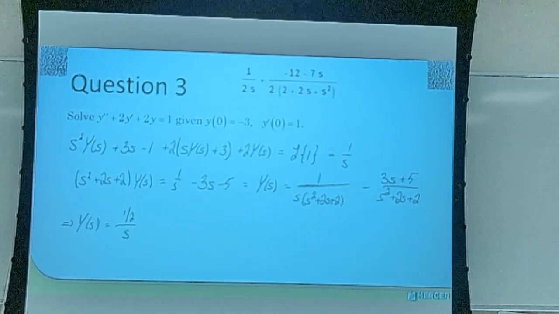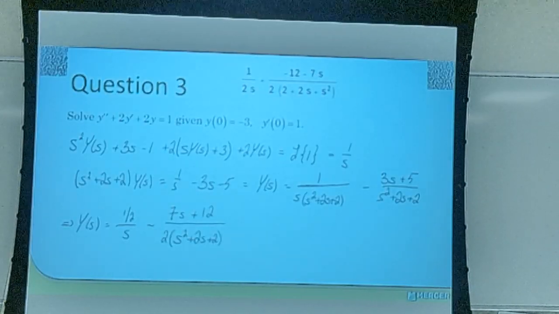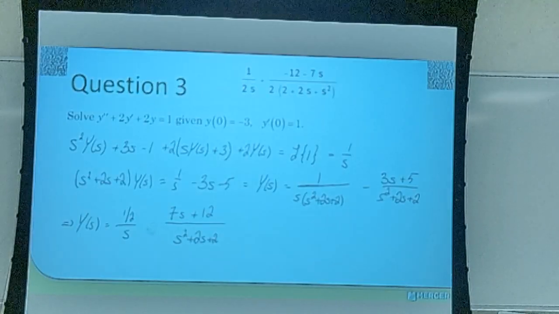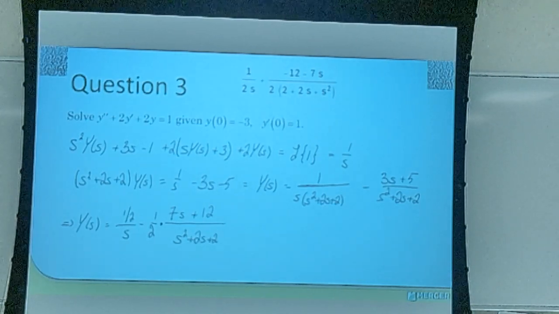Unfortunately, that second one is a bit of a problem. So I think here's how I'm going to write it to start. It's 1/2 times a fraction.